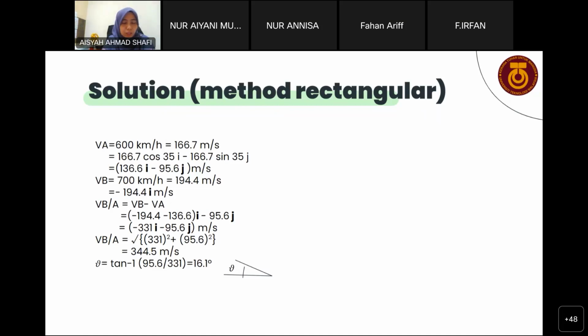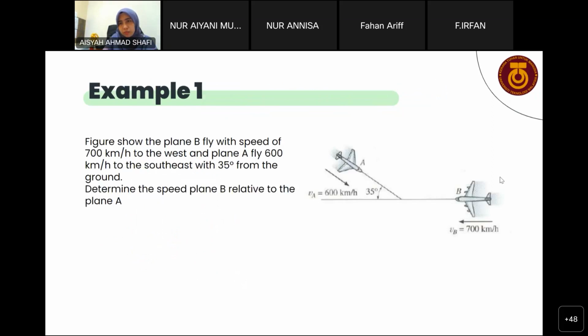For that one, we need to check back at the degree here. The degree is 60 and 16.1 is right here. So from this straight line, we have the 16.1 degree there.